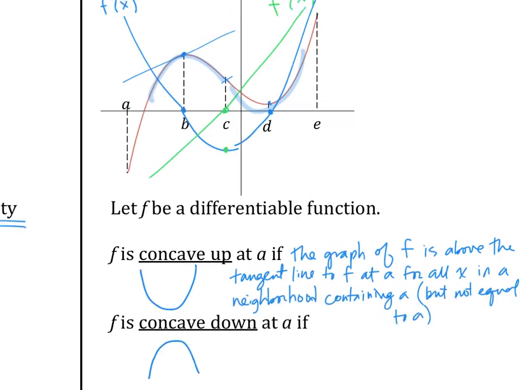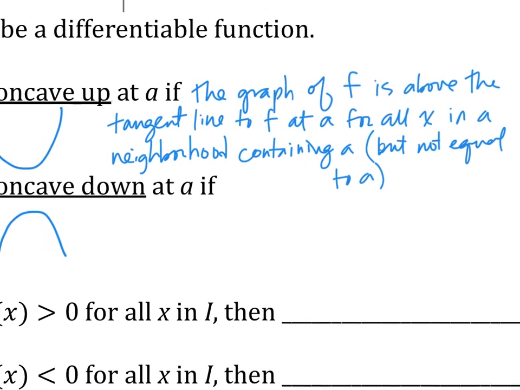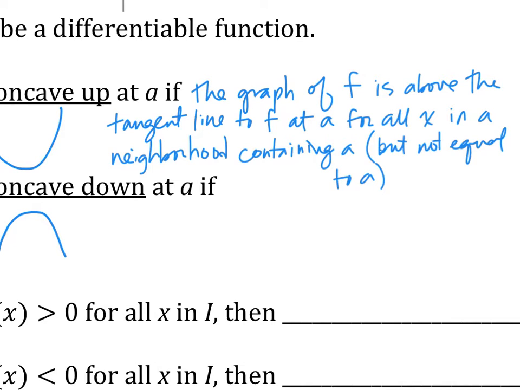Okay, so let's write that in. So basically it's the same thing. Concave down if the graph, so everything is the same except you're going to say it's below the tangent line.